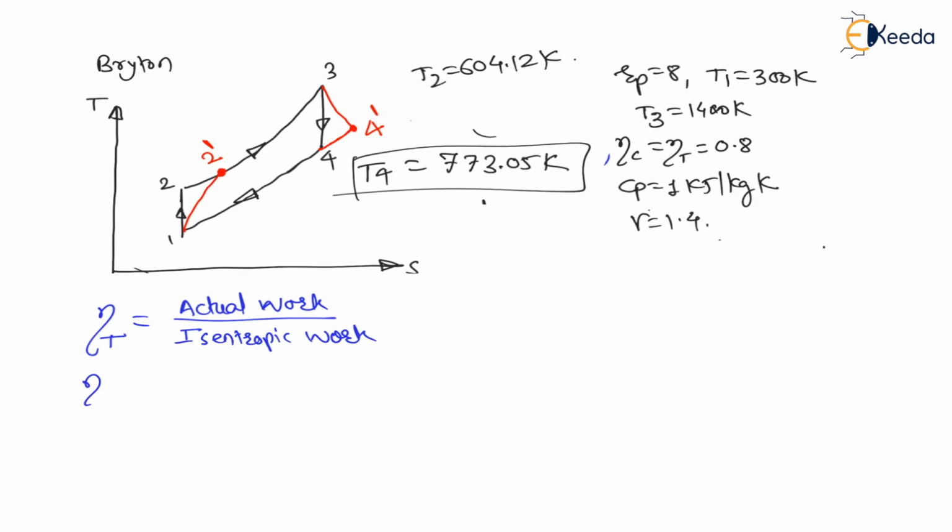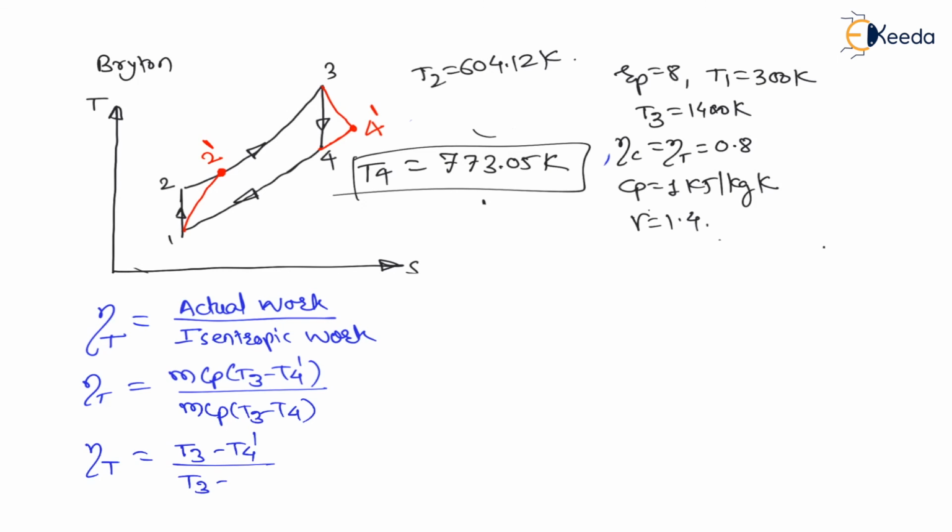So the efficiency of the turbine is equal to, the actual turbine is 3 to 4', therefore m Cp (T3 minus T4') divided by the isentropic turbine 3 to 4, therefore m Cp (T3 minus T4). Here m Cp will get cancelled, therefore the efficiency of the turbine will be equal to (T3 minus T4') divided by (T3 minus T4).